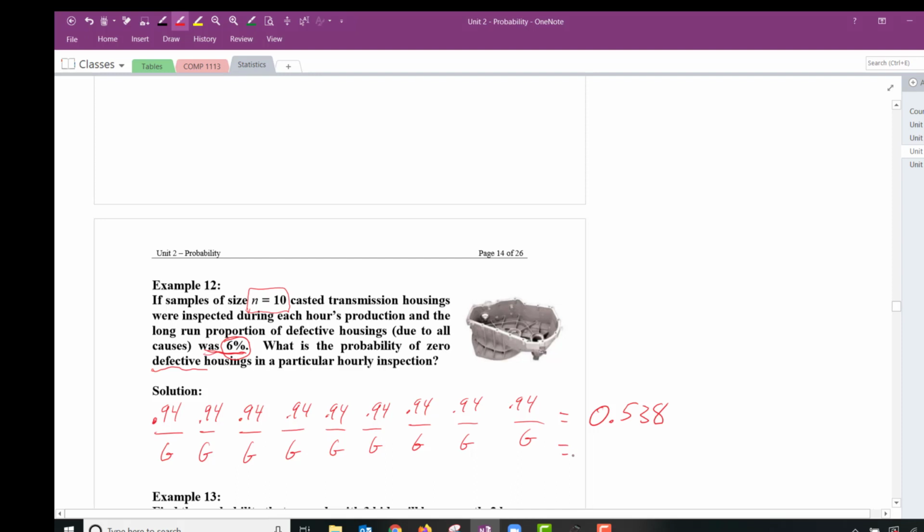I don't care if you answer this as a decimal because it just asks for probability. If you prefer percent, that's fine. Either answer will do. Probability could be expressed either way. Or if you wanted to calculate the fraction for this, I guess you could leave it as a fraction.